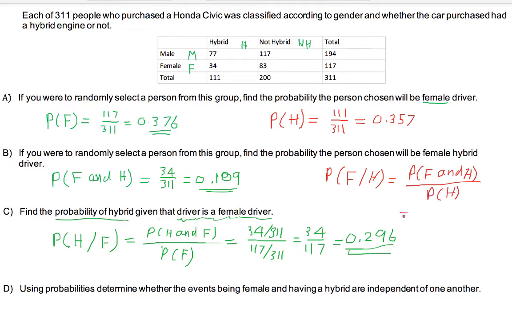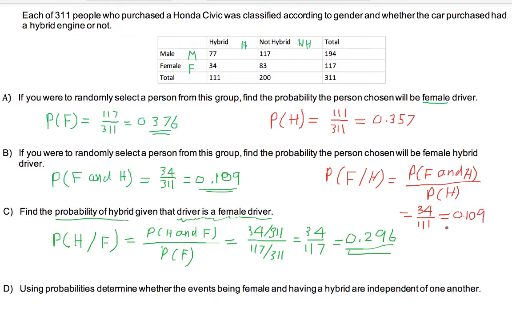So you can write down the same way, but I will just write 34 for female and hybrid. Then probability of hybrid, you see here 111. So this equals 34 divided by 111, which equals 0.306.